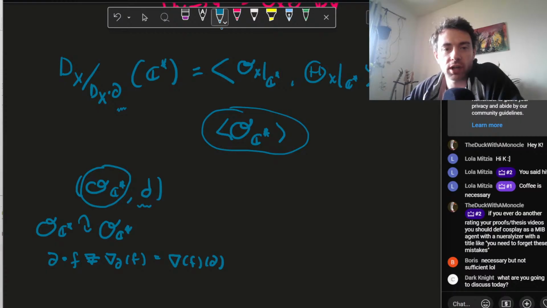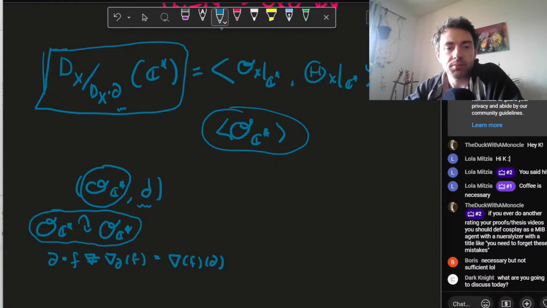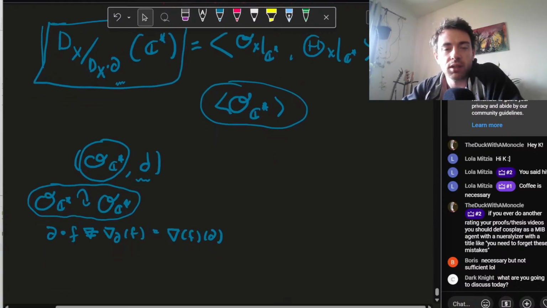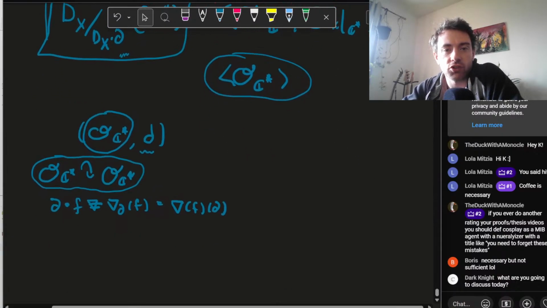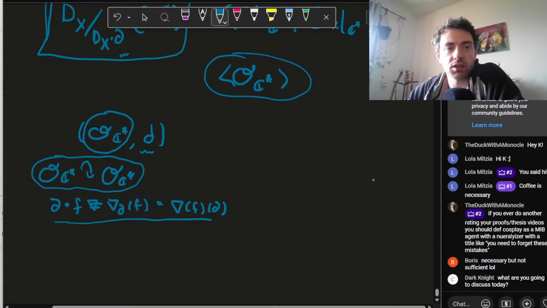Awesome, we're on the right track. And we already know that this acts on itself in the natural way. That's just coming from the D module that we started with. So the only thing we have left to check is that this action works out to be the one that we think it does.